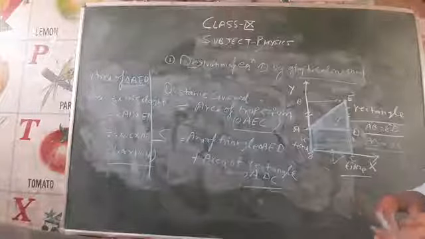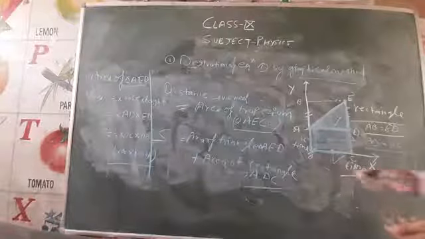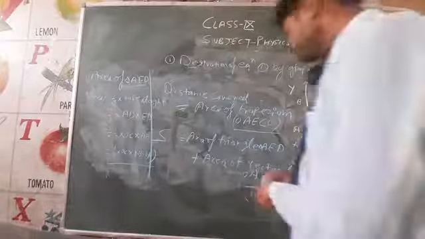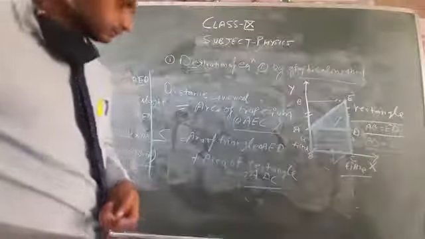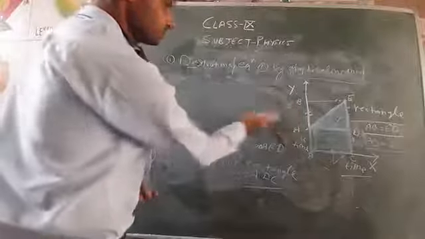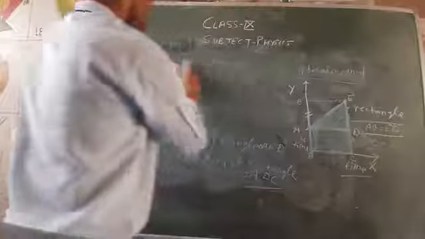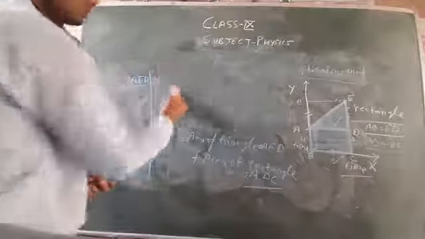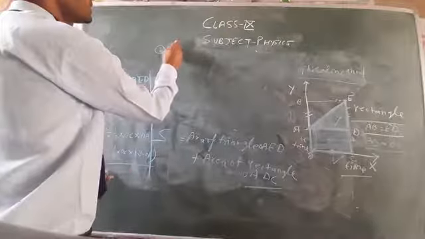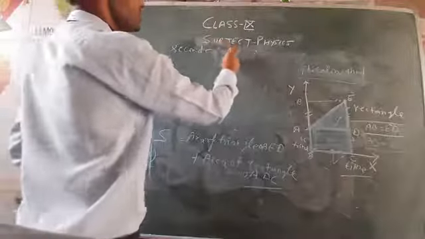Now we have to find the area of rectangle ADCO. This is the second equation of motion.